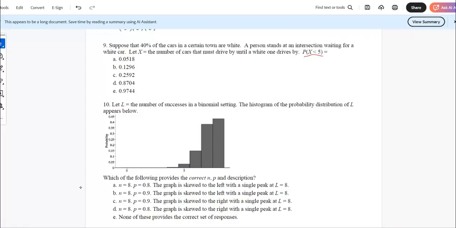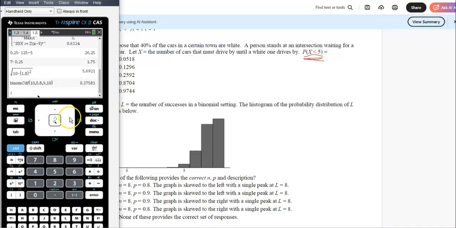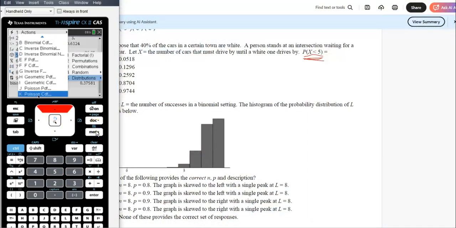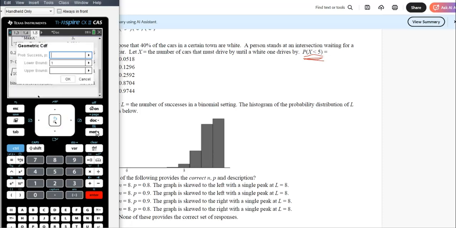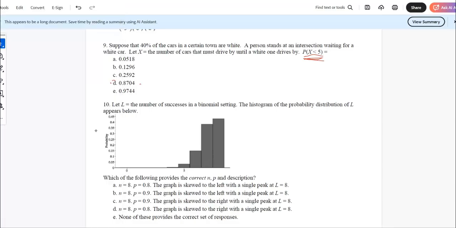So we want to keep doing this until a white one drives by. So we want geometric CDF. It's kind of a weird question here. So menu 5, scroll up to geometric CDF. Chance of success is 0.4. Lower bound is 1. That's the lowest you can go. And then 4. So 0.8704.